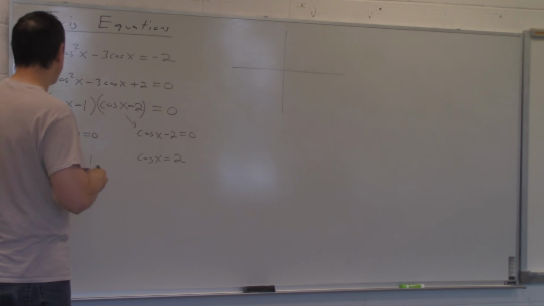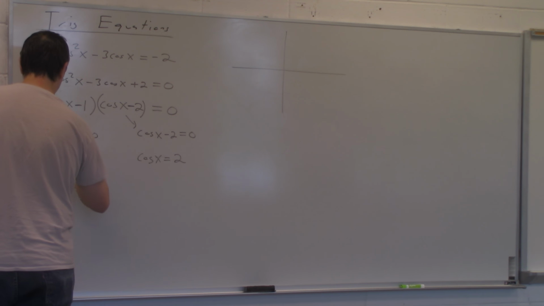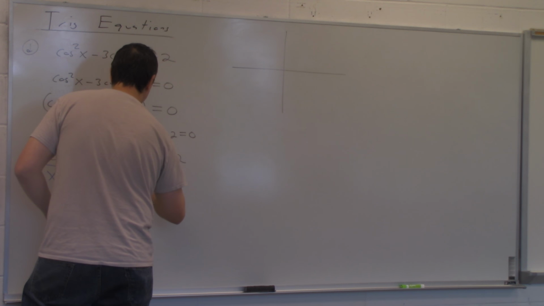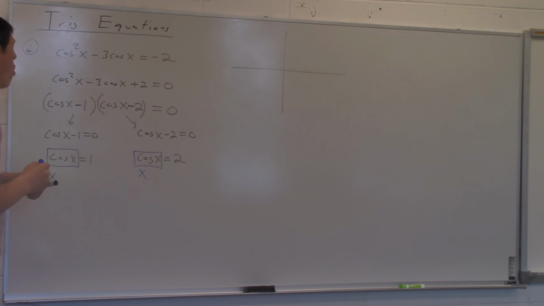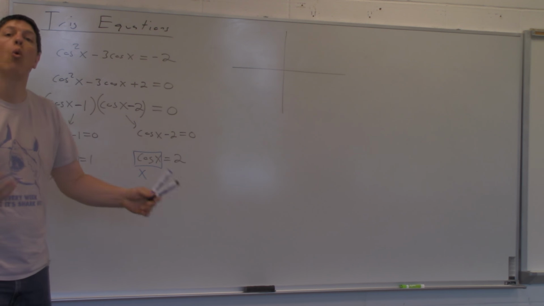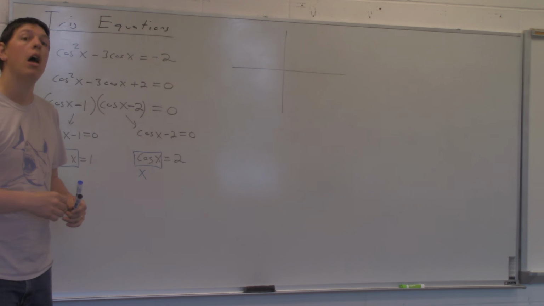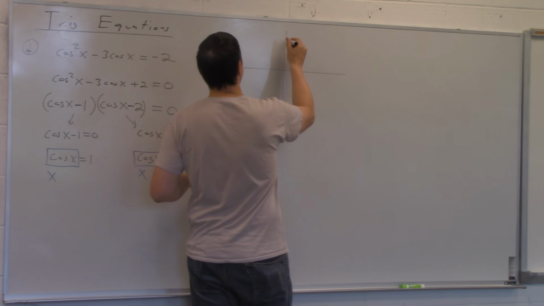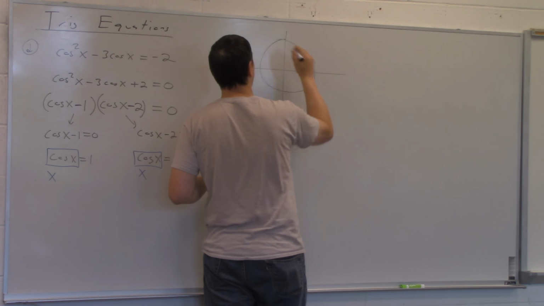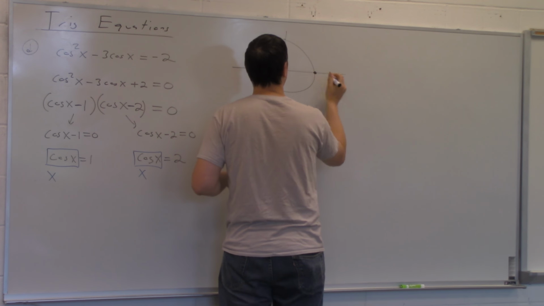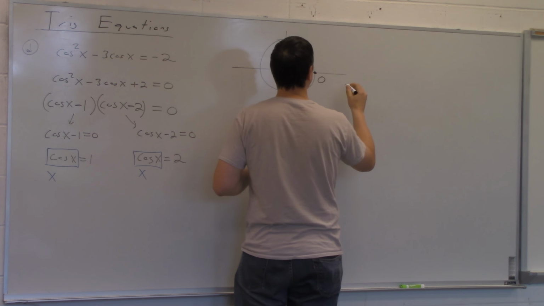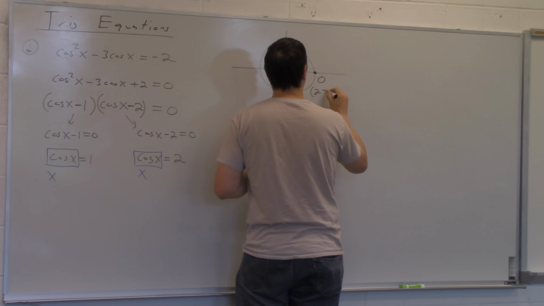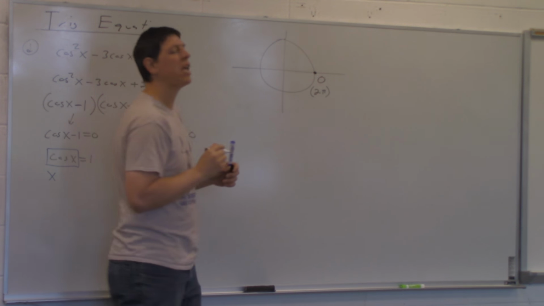Remember, the cosine is the x-coordinate. So what I'm looking for is where the x-coordinate is either going to be 1 or the x-coordinate is going to be 2. I believe there's only one place on the unit circle where the x-coordinate is going to be 1, and it's going to be right here at 0 radians, or 0 degrees. Now remember that 0 and 2 pi are the same angle.